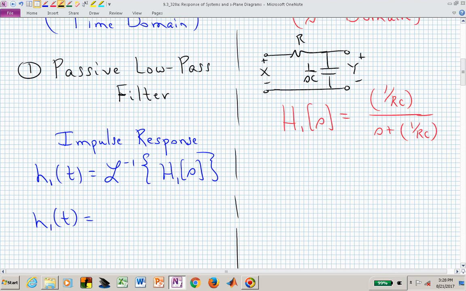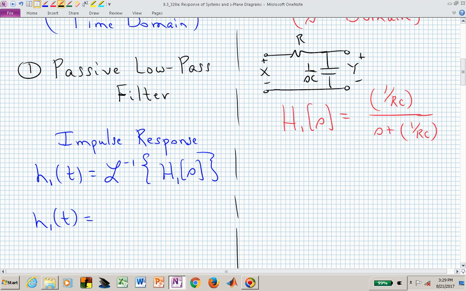We can now go back into the time domain and ask, what's the impulse response of that system? If in the time domain I hit x with an impulse waveform, what am I going to see at the output y?